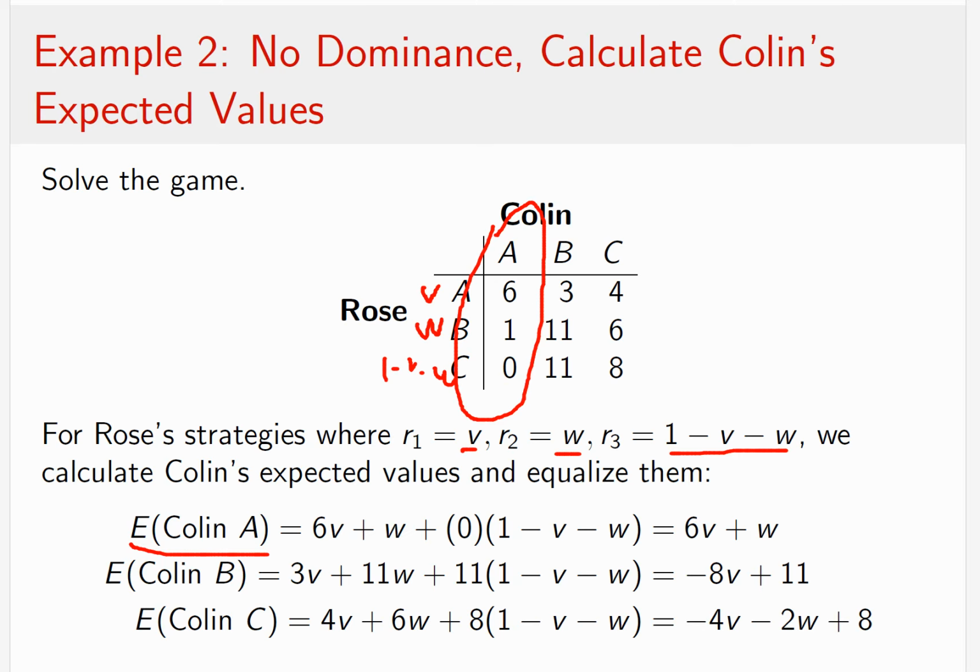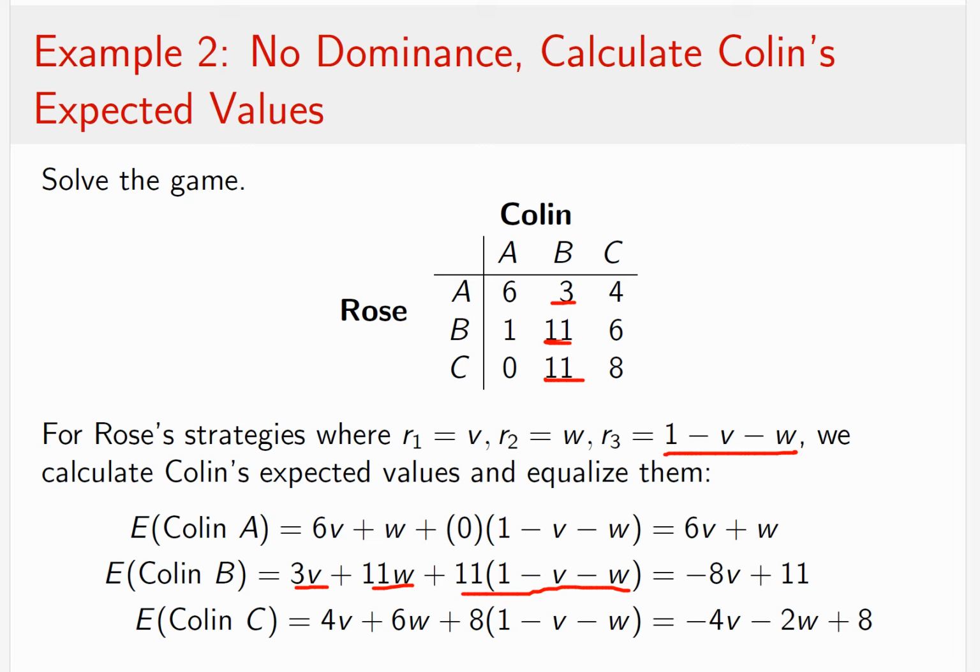All right. And jumping back to B, you can see the same thing happens. Right, so for B, we have 3 times V plus 11 times W plus 11 times the 1 minus V minus W, right? So the third one gets kind of awkward when we first write it, but notice the distribution happening, right?